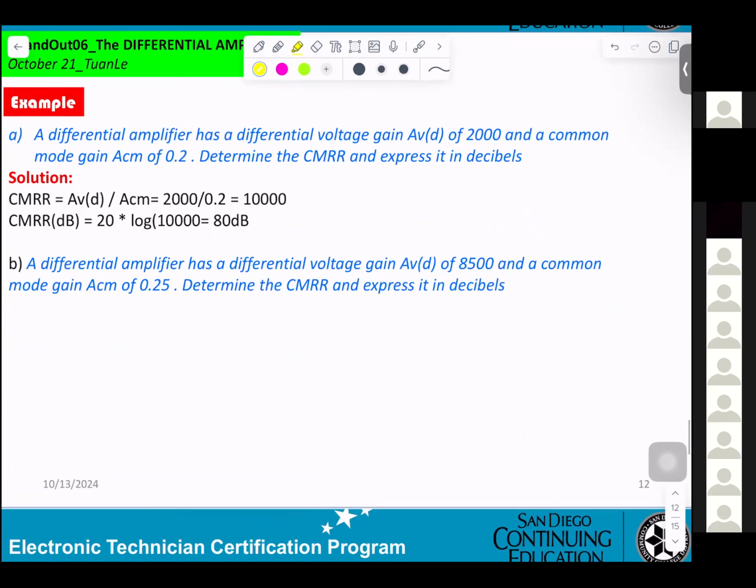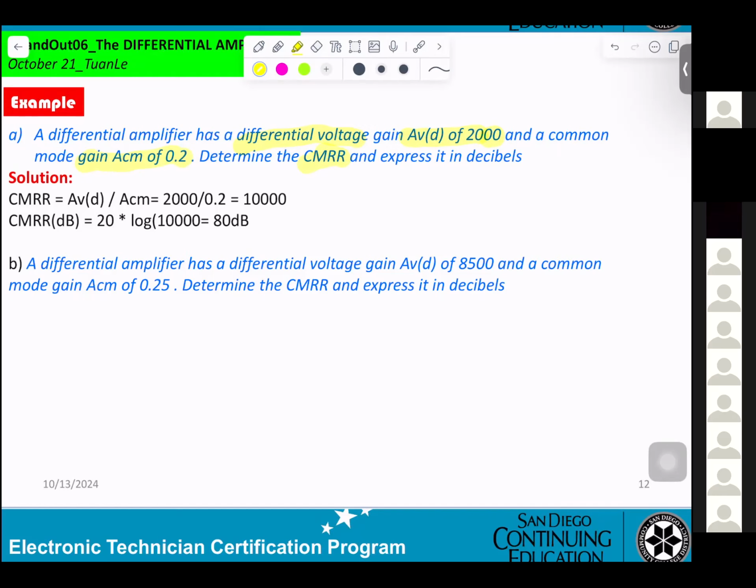For example, a differential amplifier has a differential voltage gain AVD equal to 2000 and a common mode gain of 0.2. We want to know the CMRR expressed in decibels.